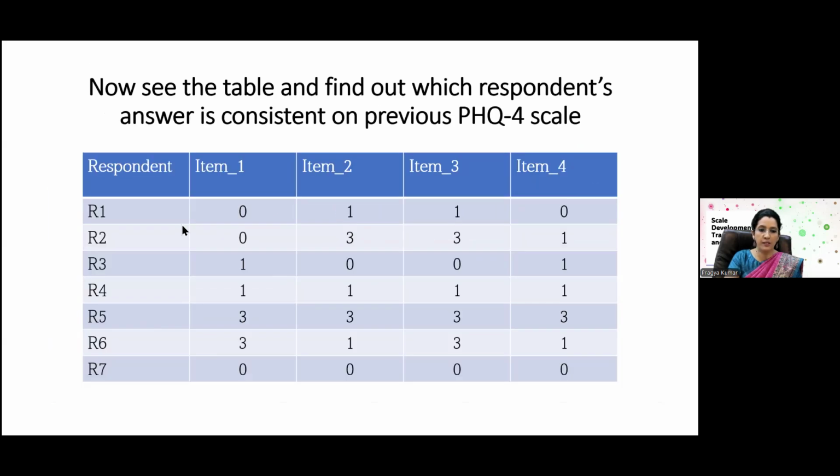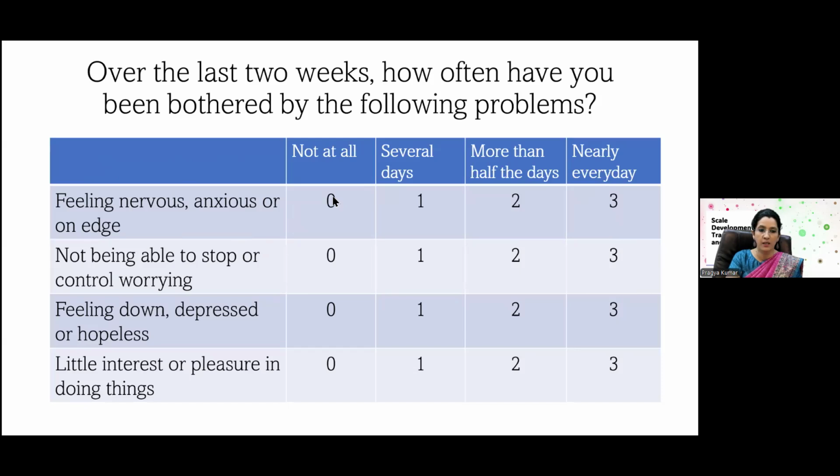He has responded 0 on item number 1. 0 means not at all. So a person who responds not at all to this question should not respond 3 to questions number 2 and 3. Are you seeing the difference? So this is the measurement error. This we call a measurement error. And a scale with such type of measurement error will have less reliability because it will have more variance.